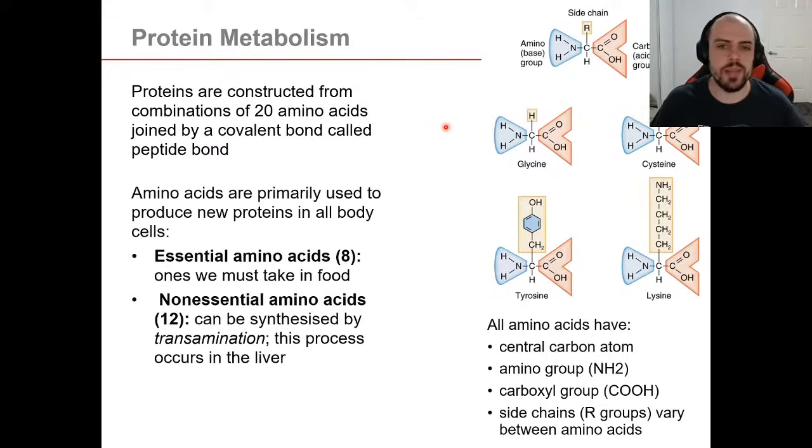Every single amino acid in the body will always have this quaternary ammonium group, this carboxylic acid, this hydrogen, and this carbon. Those things are the same for every single amino acid. The only thing that changes is this one group up here. If we swap these out, that's how we get our different amino acids.